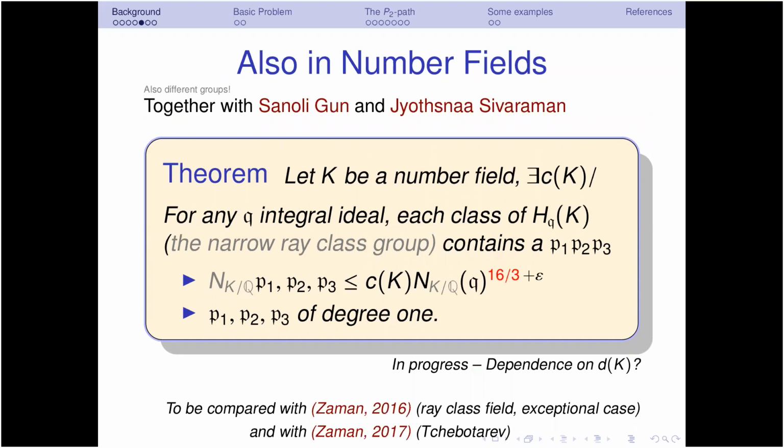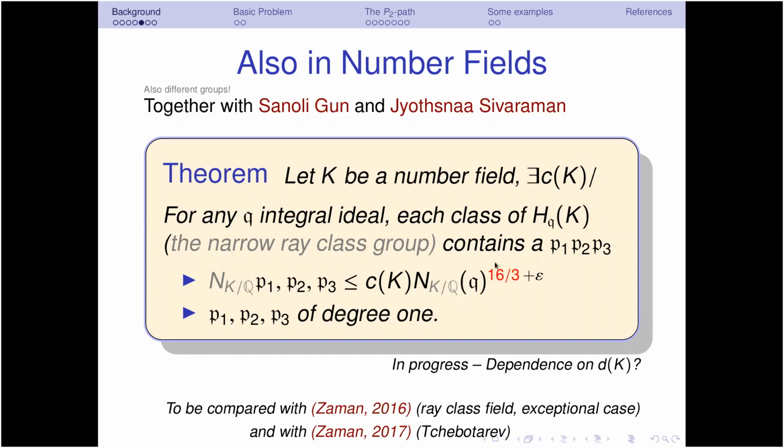I just want to tell you that there are some other groups that we're interested in, not only Z by Q, Z star, but the ray class group H_Q of K. Take a number field K, take the ray class group or the narrow ray class group if you prefer, or any quotient. And you want to find a prime, so prime ideals of degree 1, of course. You want them so that the norm should be small in terms of the norm of Q. So now we have 16 by 3, but it's being improved in between.